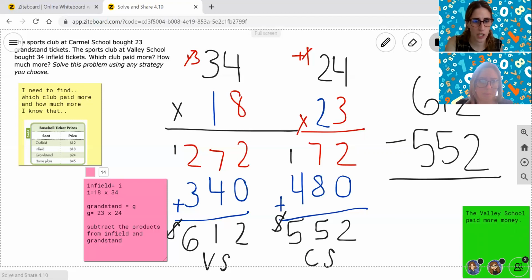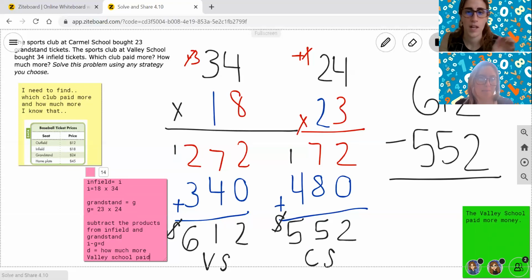Now we know that we're subtracting I minus G. Yes. So I'm going to add that here: infield minus grandstand, and that's going to equal the difference. Yes. How much more? Valley School paid.